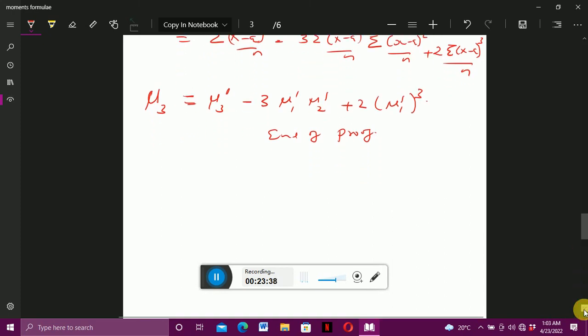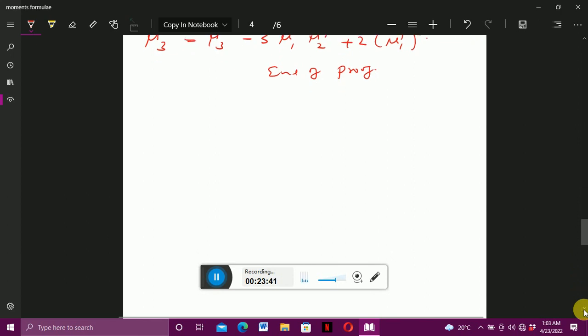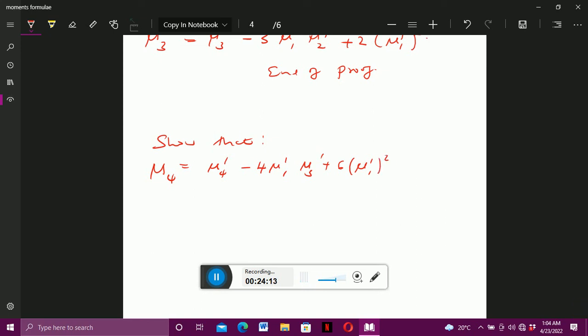So you can now also show, using the same procedure, that the fourth moment about the mean is the fourth moment about a point minus 4 times the first moment about a point times the third moment about a point, plus 6 mu 1 prime squared mu 2 prime minus 3 mu 1 prime raised to power 4.